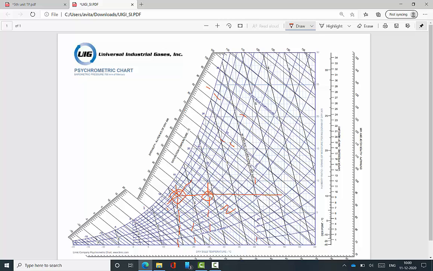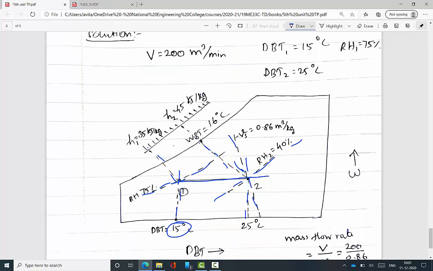Point 2 also has a relative humidity line, which is equal to 40%. Then from point 1 and point 2 extend to the enthalpy scale. We have H1 and H2, and on the saturation curve we have the WBT temperature. From 2 an inclined line passes, which is the specific volume, equal to 0.86 meter cube per kg. These are taken from the chart.